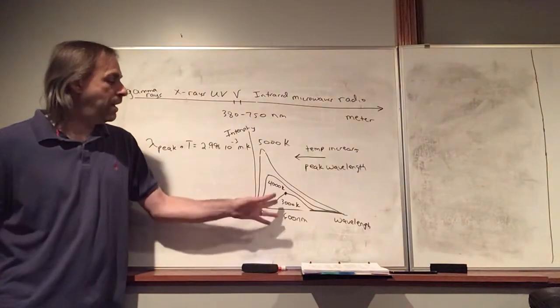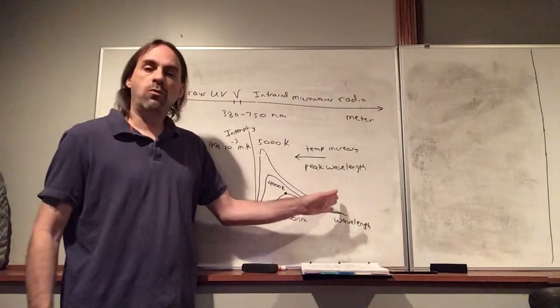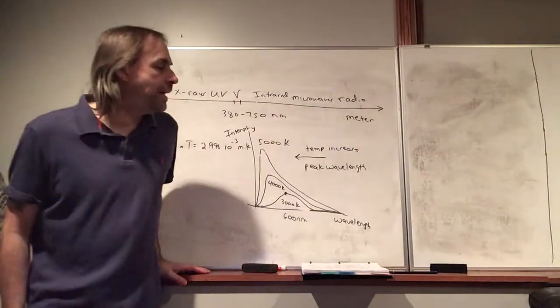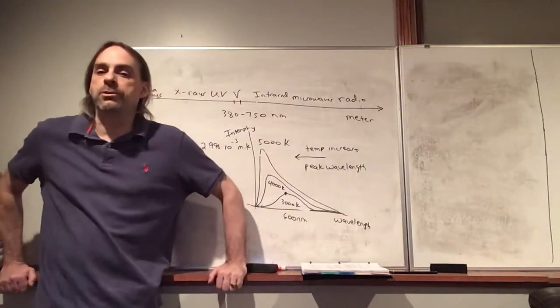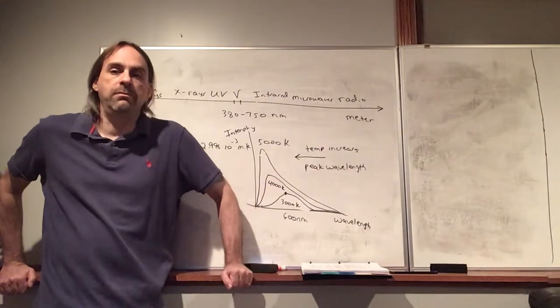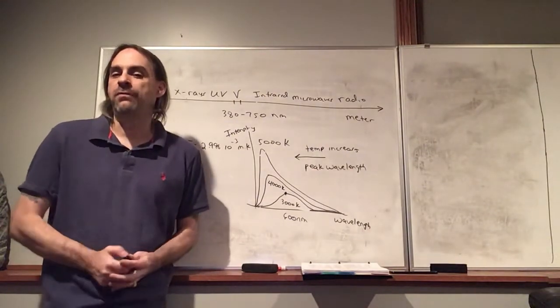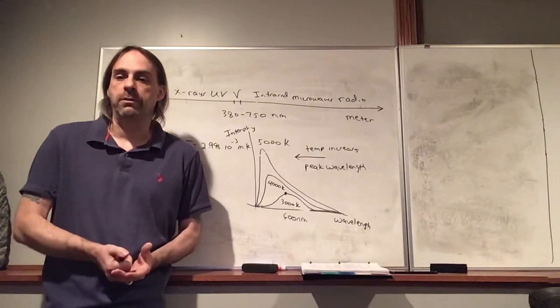If we decrease the temperature, we're going to quickly run out of this visible light range. And that's why objects at room temperature do not glow visibly. They are glowing, they are emitting radiation, and it just peaks in the infrared part of the spectrum.